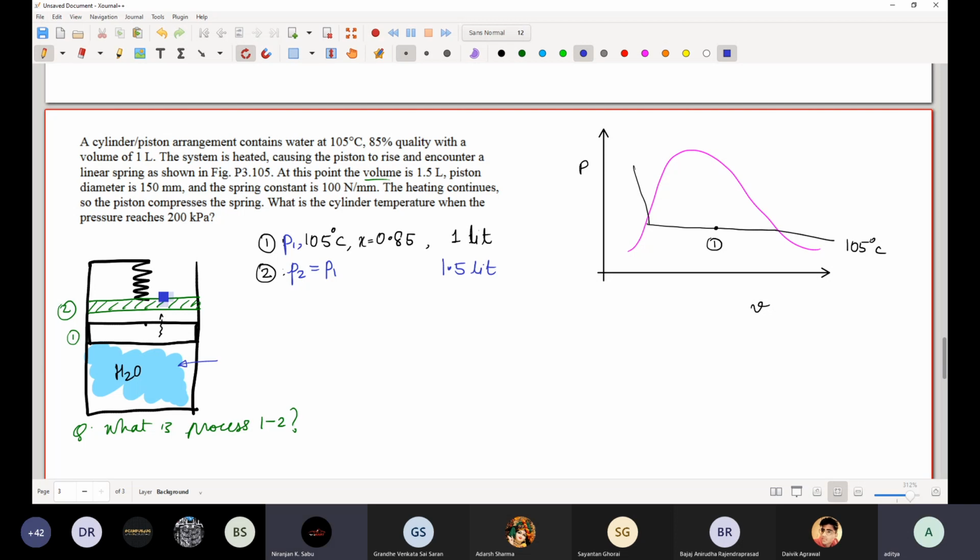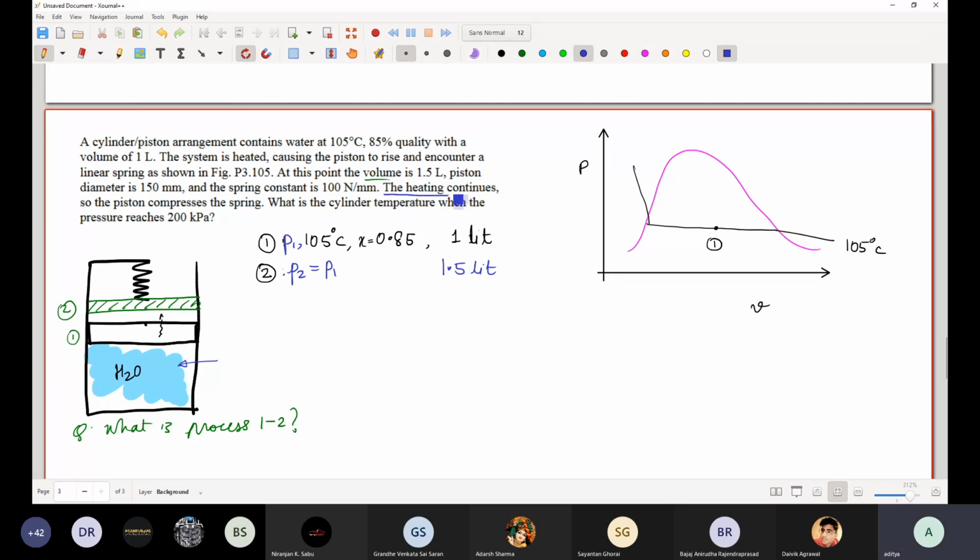Does that make sense? The spring exerts pressure only after this point, but this is the point where the spring has just come into contact. The spring has not been compressed at this state.